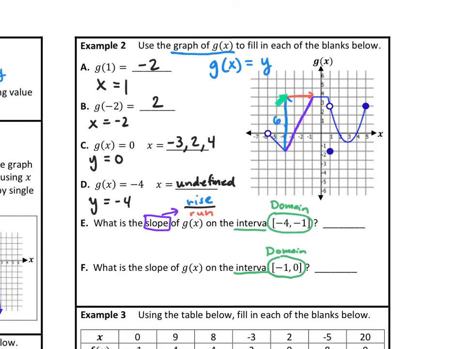And then I ran 1, 2, 3 to the right. All right, so that gives me a slope of 6 divided by 3. Actually, let me color code it just for you guys. 6 divided by 3 equals, if I can simplify it, then I should, right? So 6 divided by 3 equals 2. So my answer is 2.